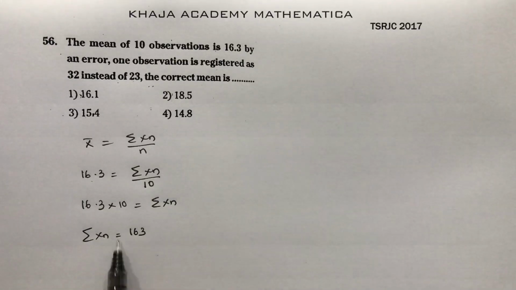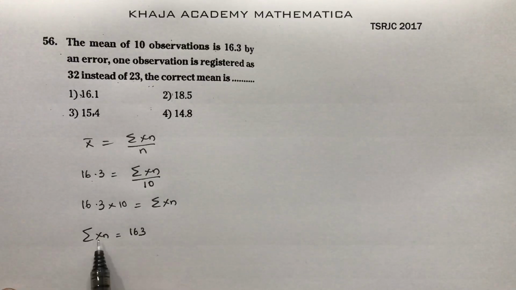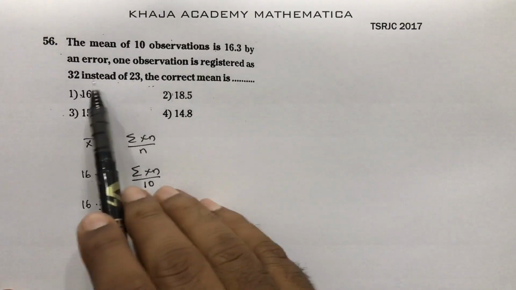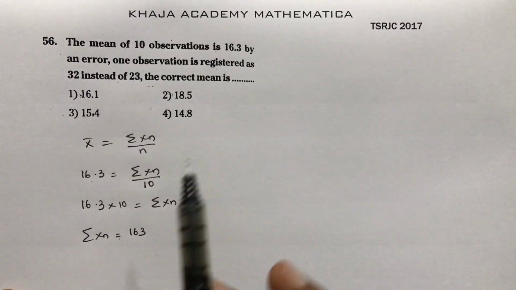Now in this sum, while adding all the observations, there was an error, registered as 32 instead of 23.